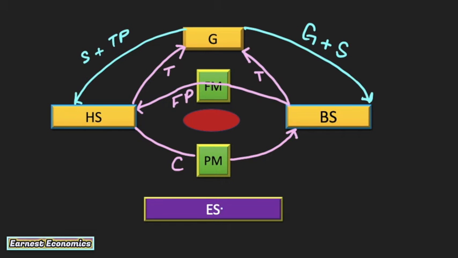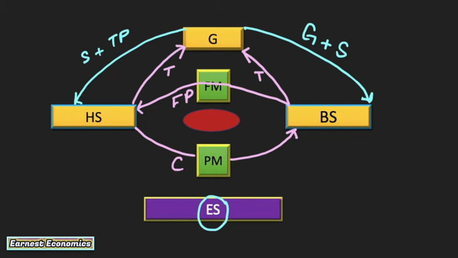Now we have to incorporate the external sector. How does the external sector modify the circular flow of income that we have studied in the three sector model? You need to keep in mind that we allow only foreign trade because of the simplification that we have to bring to the four sector model that I have already talked about.